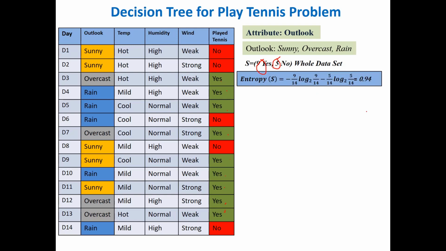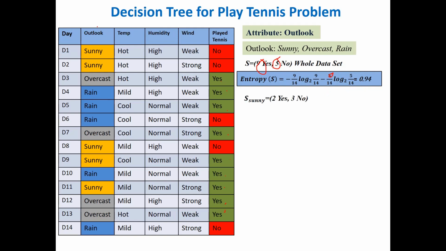Finding the entropy of this whole database will be the initial task. So entropy S is equal to minus 9 by 14, because over these 14 examples, 9 are positive, log to the base 2, 9 by 14, minus 5 negative examples over these 14 examples, log to the base 2, 5 by 14. So it comes out to be 0.94.